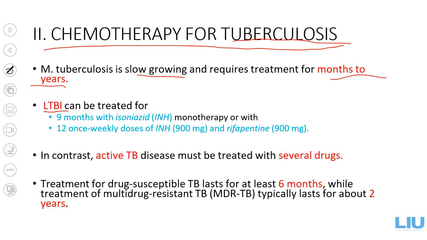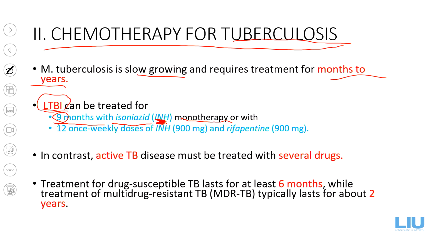Those are the infections where patients do not have any symptoms. So as far as treatment, in this case, you could either go with 9 months of something called isoniazid, INH, as a monotherapy for 9 months, which is a lot, right? So it's going to be a problem with compliance.